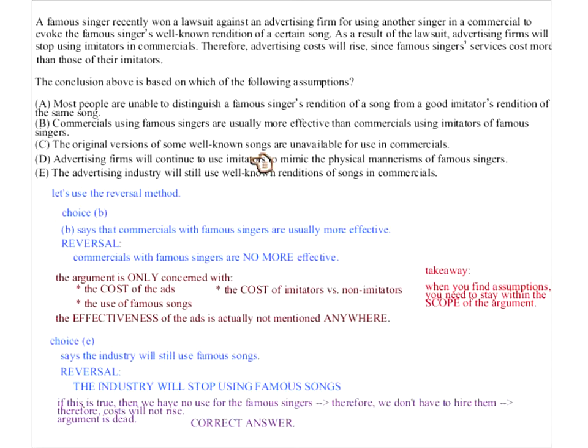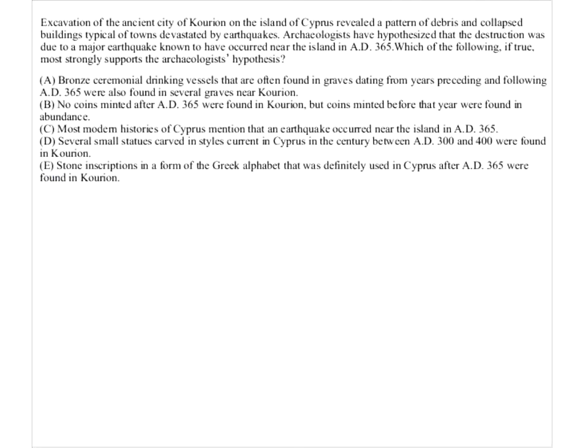Okay. All right, let's look at a different type of question now. Let's turn our attention to strengthen and weaken type questions. In particular, let me just throw one on the board. All right, try your hand. This problem is from GMAT Prep software.